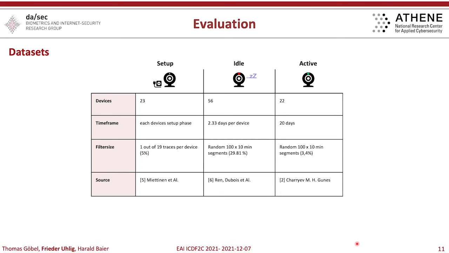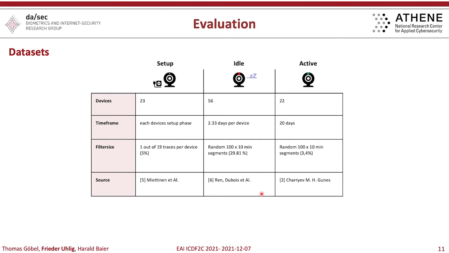The filter size that we used for the experiments amounts to 5% of the overall traces of every device. The same with idle, 56 devices, overall 2.33 days per device, and the filter amounts to, in this case, 29%, because idle produces a lot more sort of very uniform traffic.